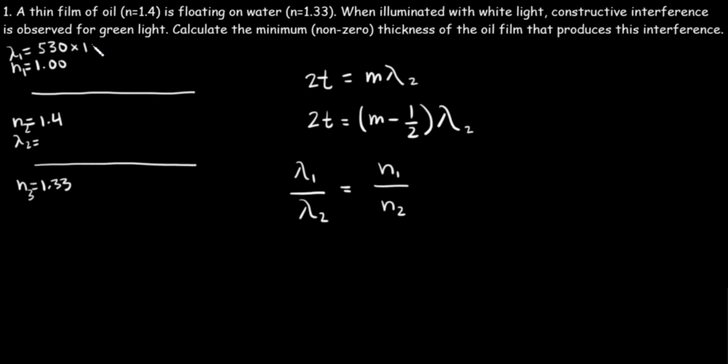And it's nanometers, so it's going to be times 10 to the 9 meters. There, now we have all we need to find wavelength 2. So plugging it in, 530 times 10 to the power of 9 over wavelength 2, what we're looking for, equals N1 is 1, and N2 is 1.4.